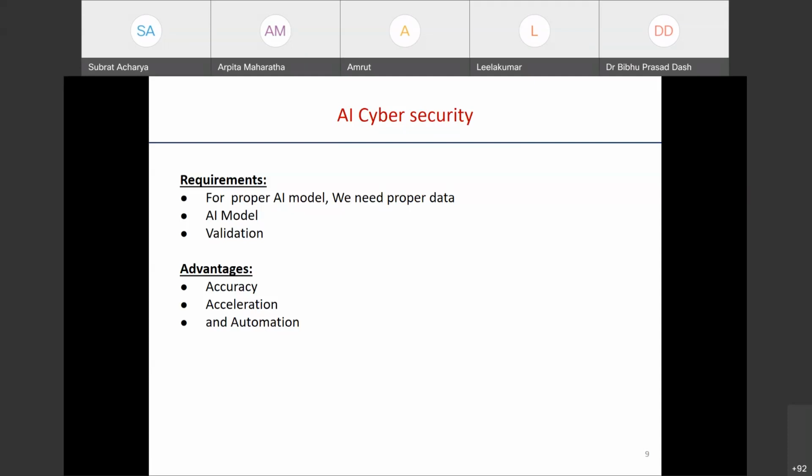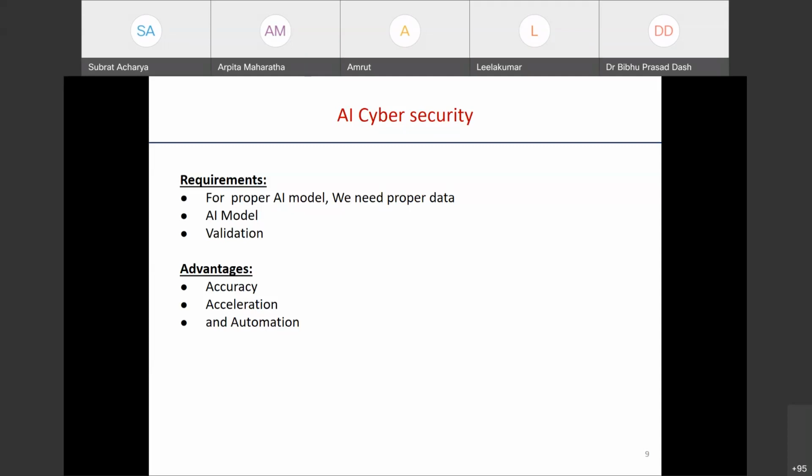The advantage of building this cyber security model is first accuracy. The accuracy of the model has to be so perfect that the on-ground validation of this threat prediction has to be very accurate. Then acceleration. What I mean here is that when we see any type of threat, or any type of protection mechanism we have to build, we need to take action on this threat, so that no known damages can happen to our network.